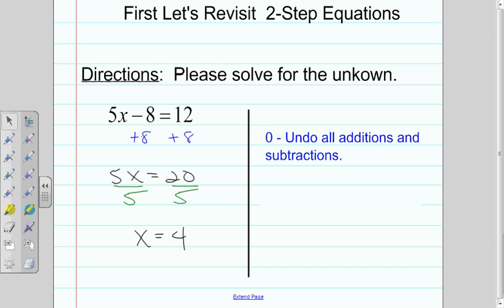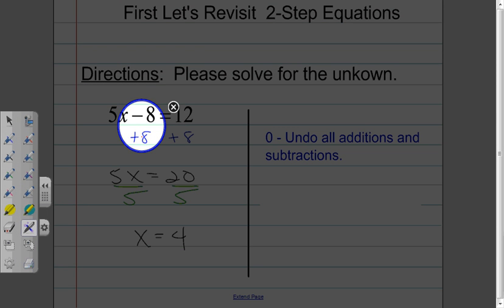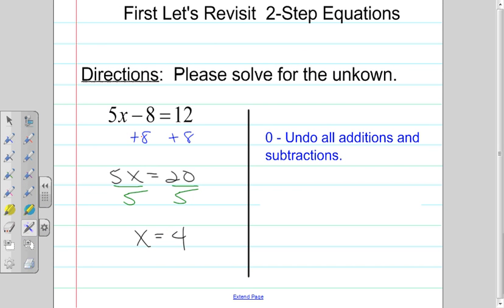And I refer to that in shorthand by the number 0, because when you undo an addition and subtraction, you are in fact making the number 0. And you've seen that what you've done usually when you do that is cross out here in the problem where it says negative 8 plus 8.